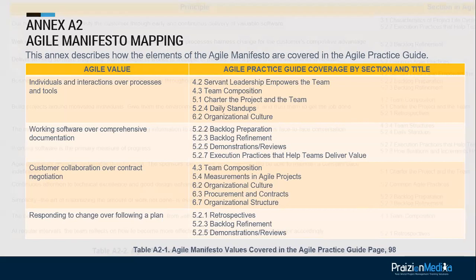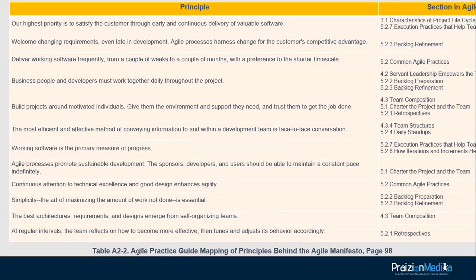And the same thing on page 98, you have, again, the manifesto information, the principles on the left, and the section in the actual Agile Practice Guide. You see that? So it shows you how the principles map to certain practices. I would highly recommend that. It will help you in the long run.